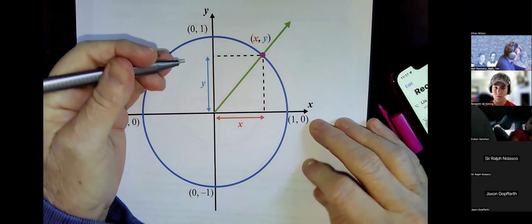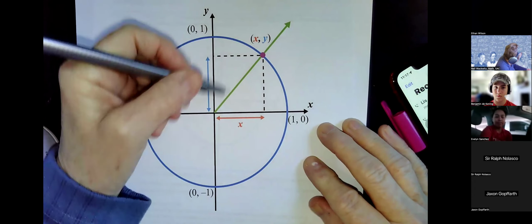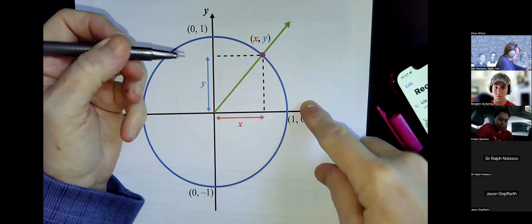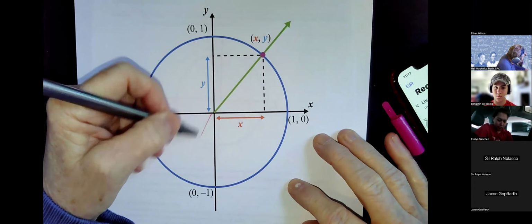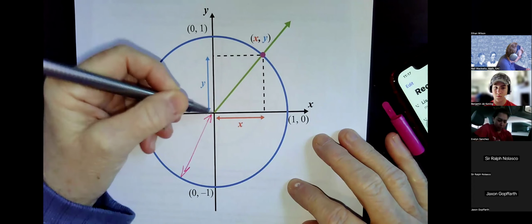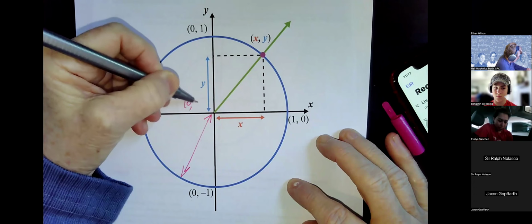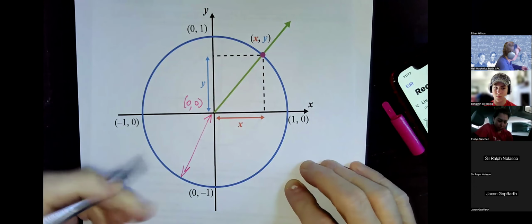So what I want to emphasize to begin with is that we've got a circle. The distance between the center, which is 0, 0, and the edge of the circle is 1 unit.